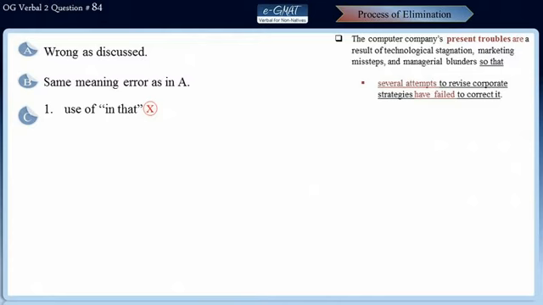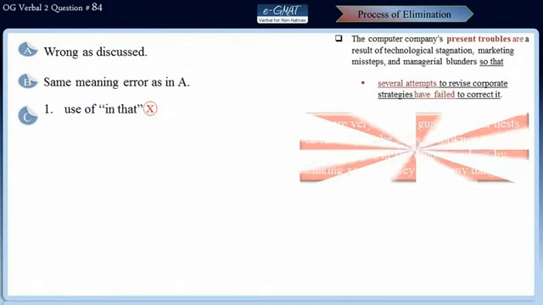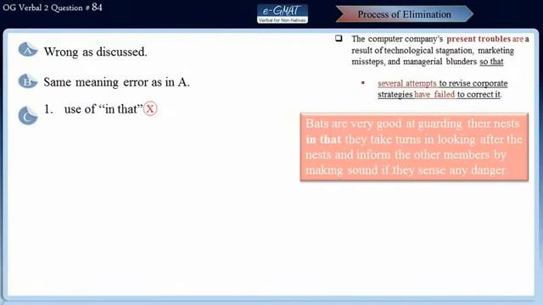The function of the clause following "in that" is to describe the how of the preceding clause. Let's take an example. Bats are very good at guarding their nests in that they take turns in looking after the nests and inform the other members by making sound if they sense any danger. Now here, bats are very good at guarding their nests.